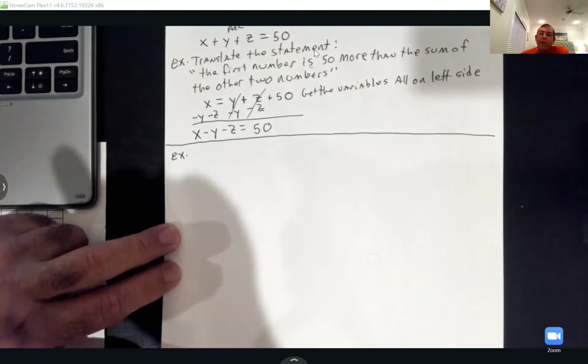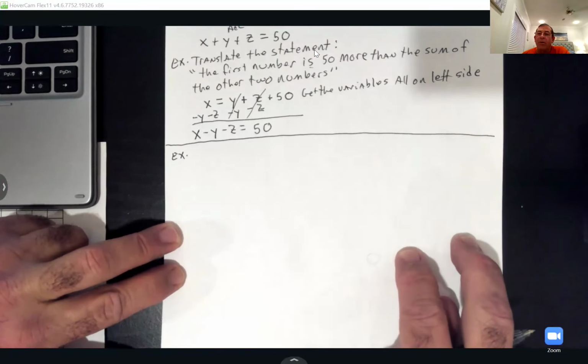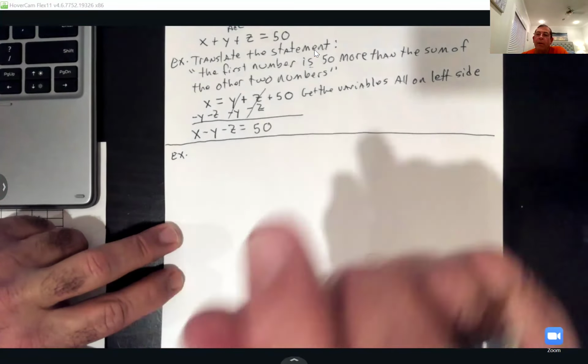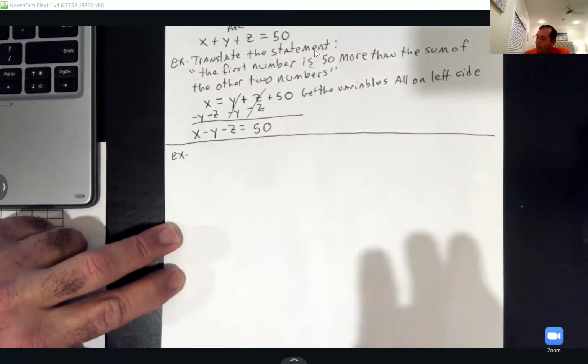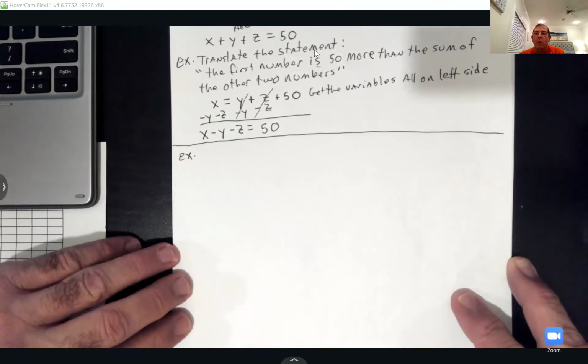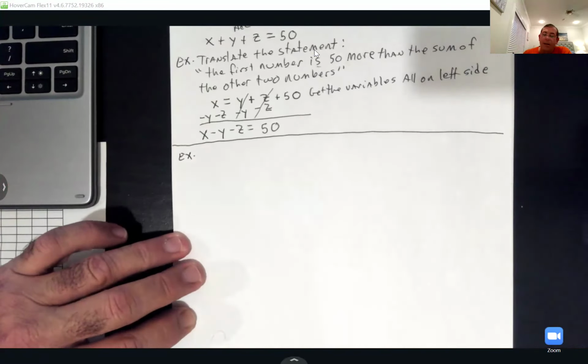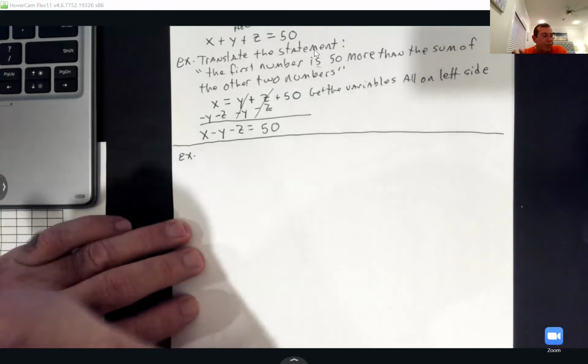I will work out one of these by hand, and then all of them I'll actually do on the calculator because more people told me they're using the calculator more. So this first one I'm going to work all the way out, like I said. So the trick is coming up with our three equations.